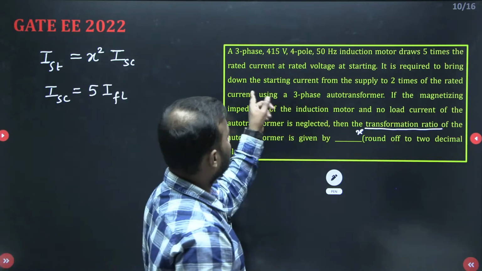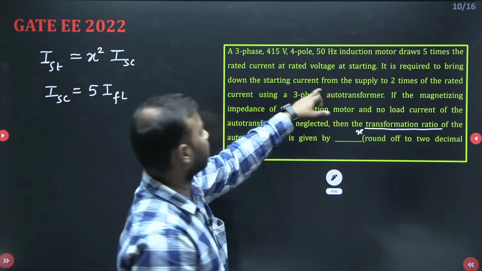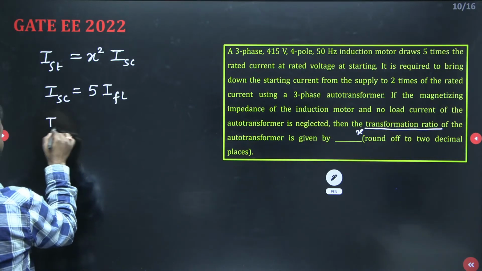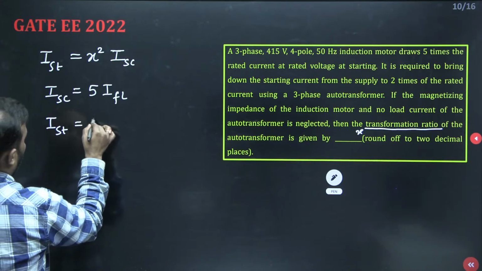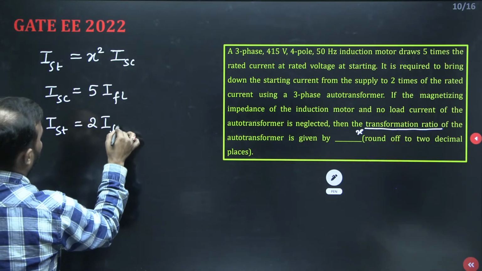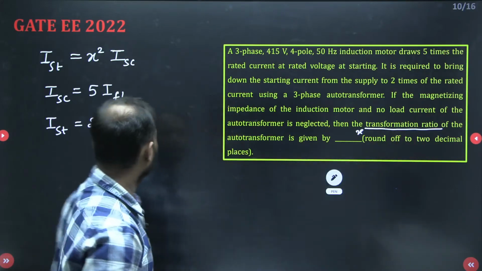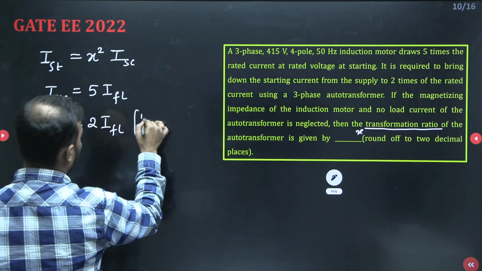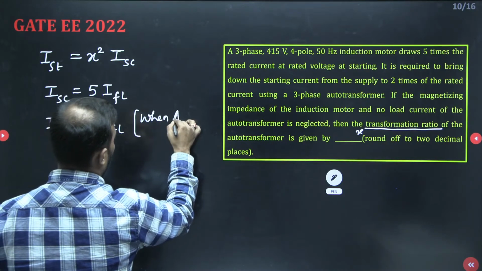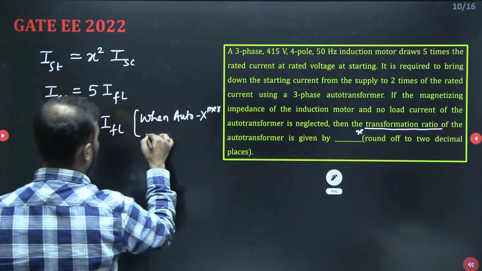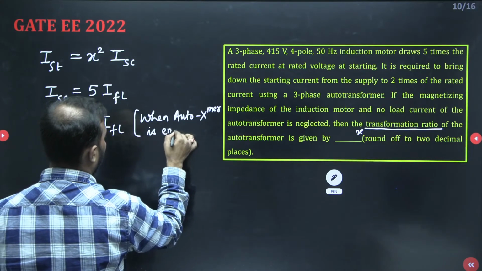Next, it is required to bring down the starting current from the supply to 2 times the rated current. So IST is to be brought down to 2 times IFL, when the auto transformer is employed.